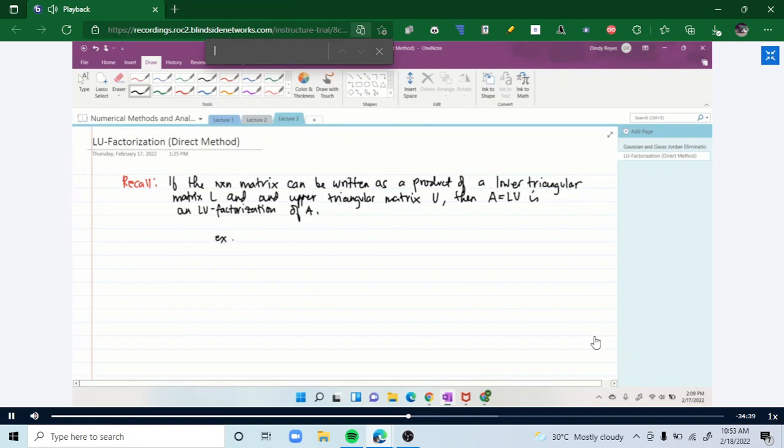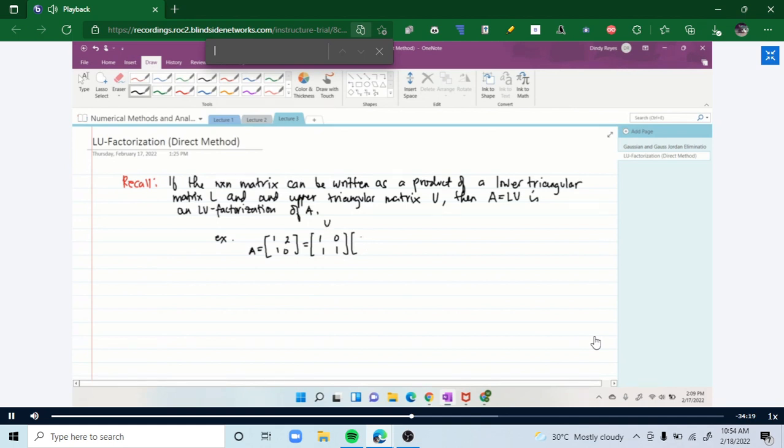So example, if you have a 2 by 2 matrix A with entries 1, 2, 1, 0, you can factorize it with a lower and upper triangular matrix. The lower triangular matrix L has entries 1, 0, 1, 1.